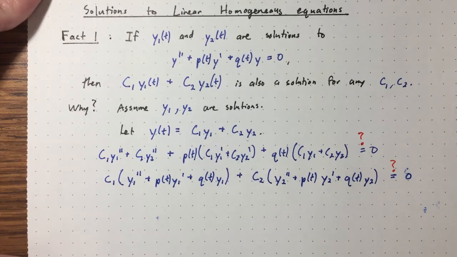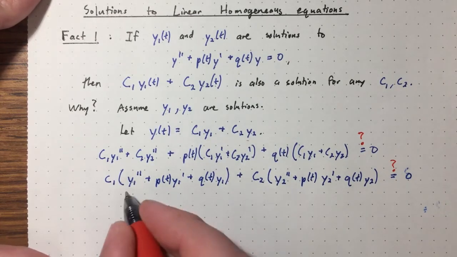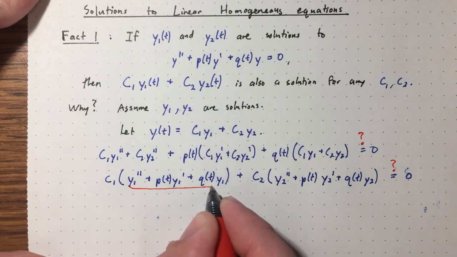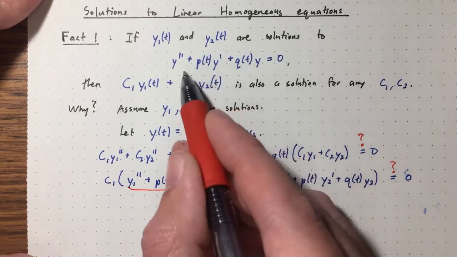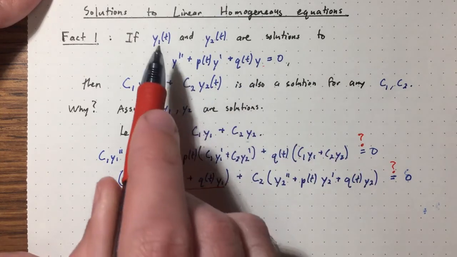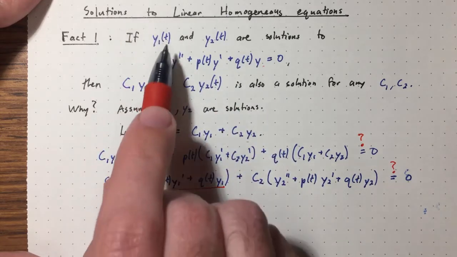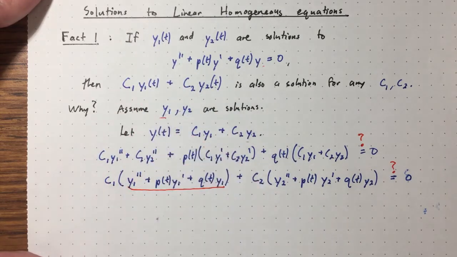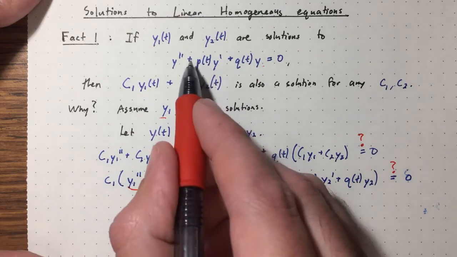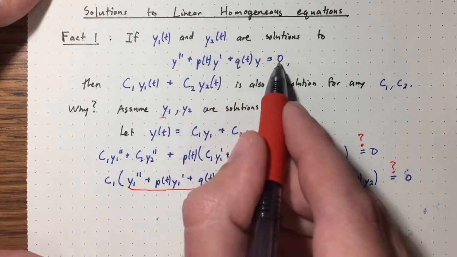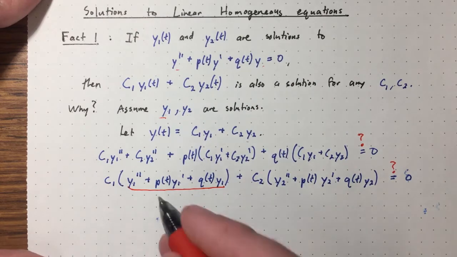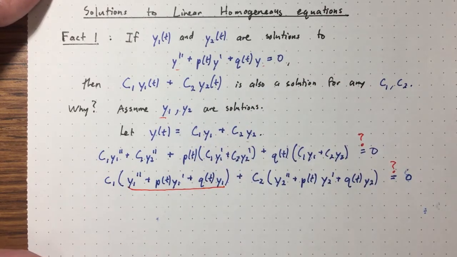But if you stare at this, you'll realize that we do, because what is this right here? This is the left side of my original differential equation with y1 plugged in. But y1 is a solution, which means when I plug in y1, I get 0. That's what it means to be a solution to this differential equation. So this equals 0.